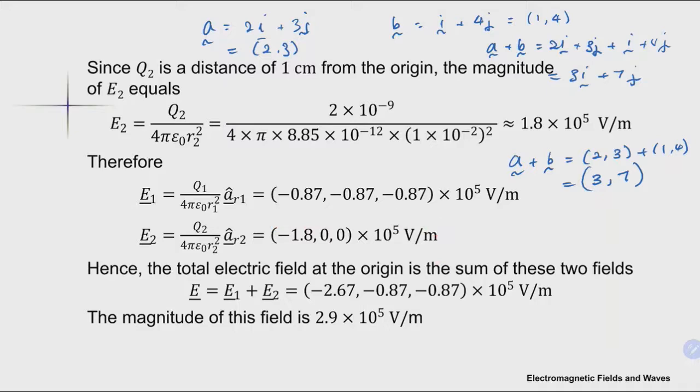But there are three directions, x, y, and z. So you just have to add them up independently, x plus x, y plus y, z plus z. And then the magnitude of it will be the square root of x squared plus y squared plus z squared. That gives you the magnitude.